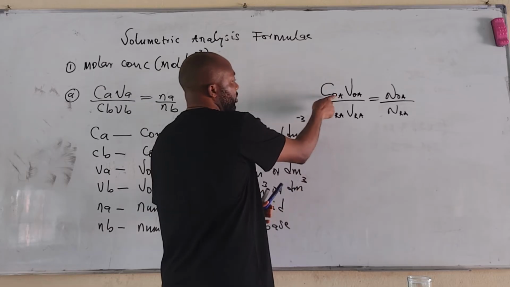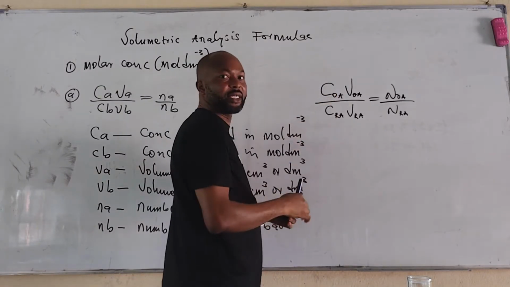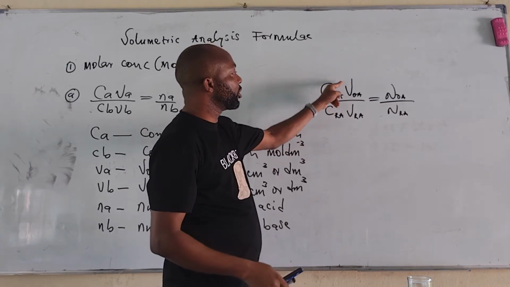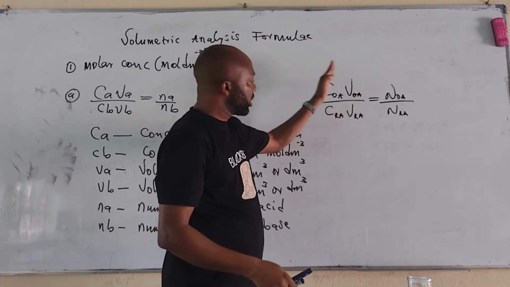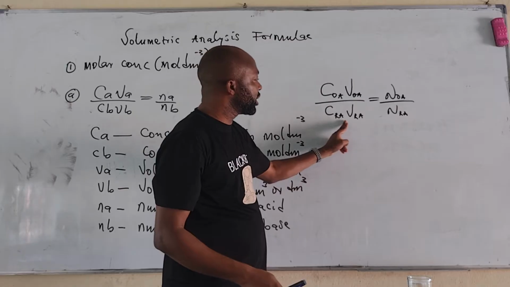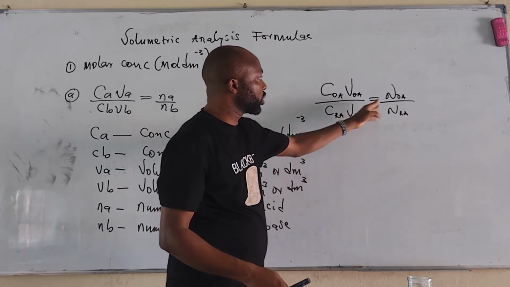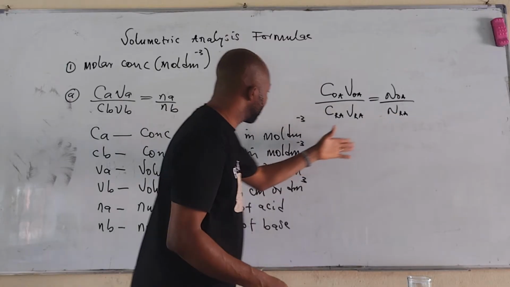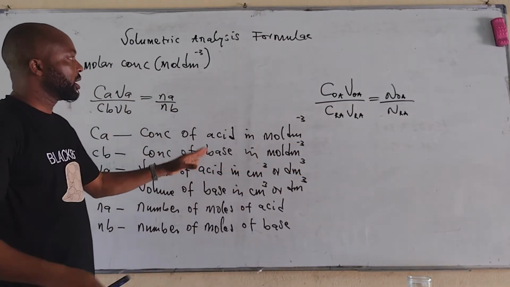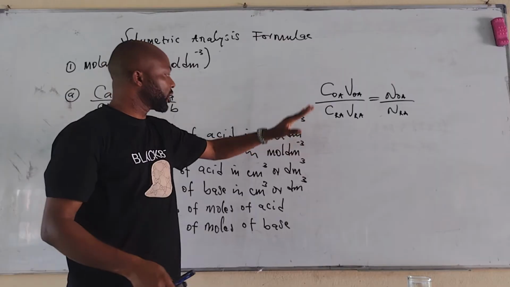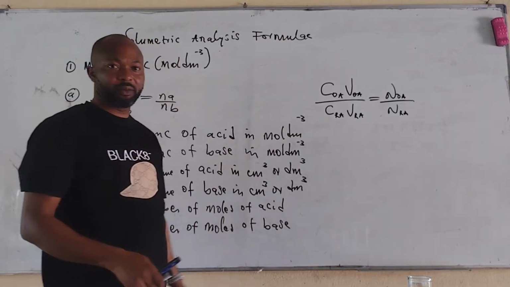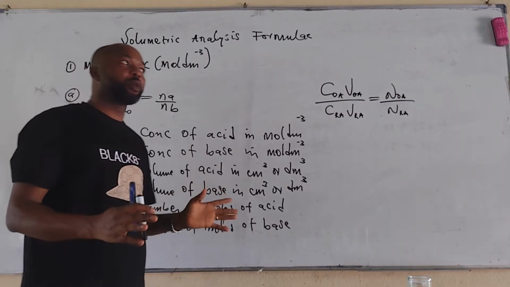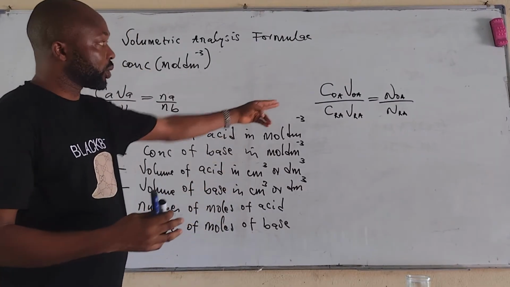COA VOA over CRA VRA equals NOA over NRA, where COA means concentration of oxidizing agent and VOA means volume of oxidizing agent, CRA is concentration of reducing agent times volume of reducing agent, equals number of moles of oxidizing agent over number of moles of reducing agent. The unit is the same; the concentration is in mole per dm³. That's just the difference. When we are dealing with redox titration, that's what we use.